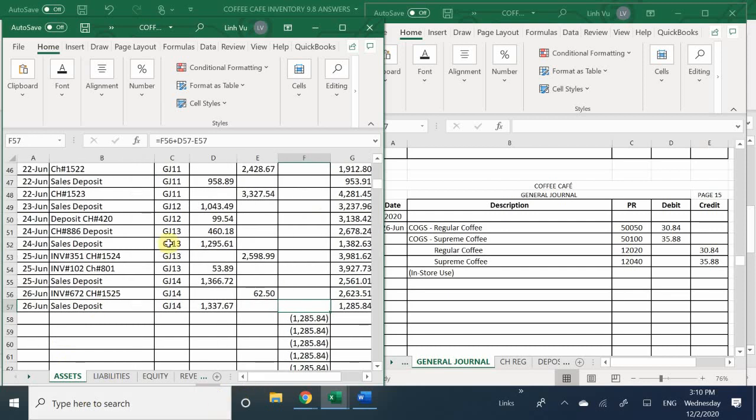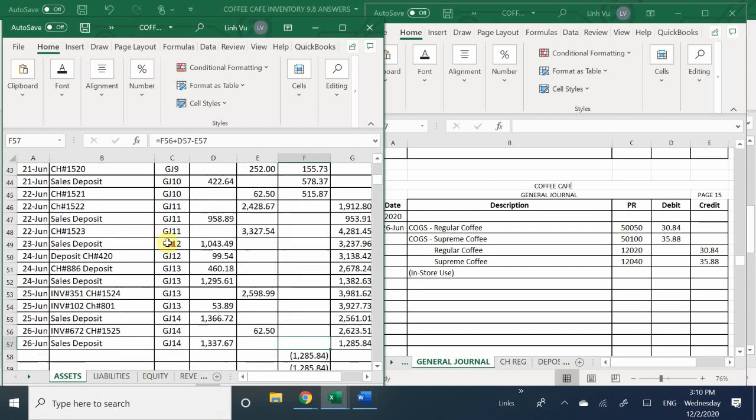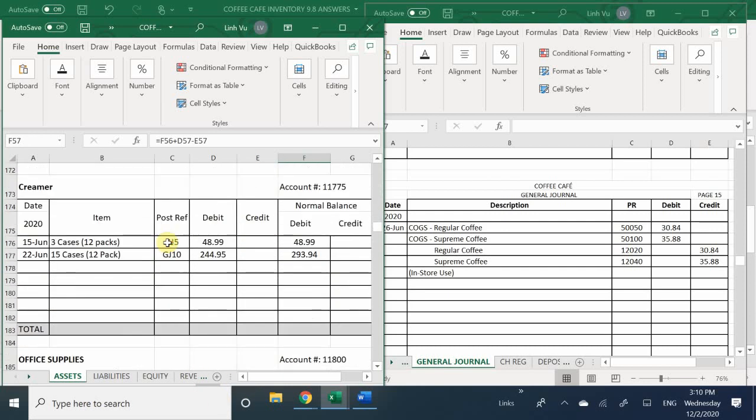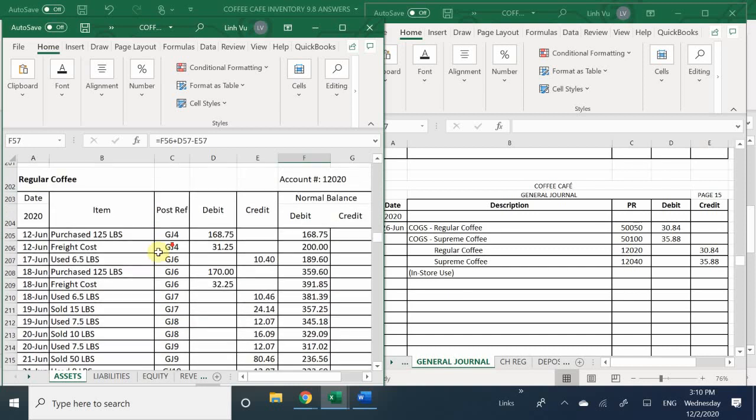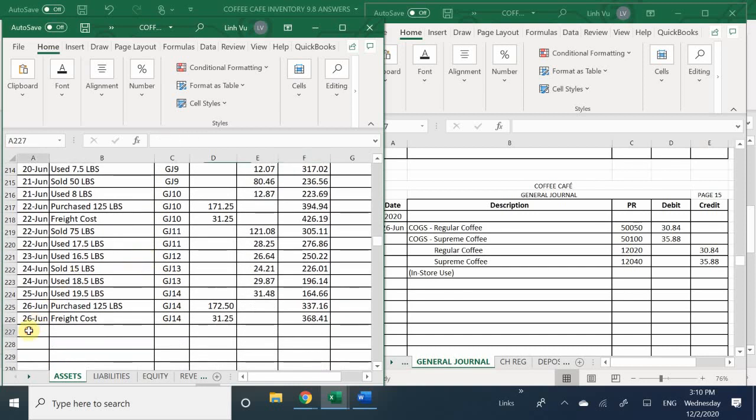Start with our regular coffee. 620 for the date. Again, we use 19 pounds. 626.